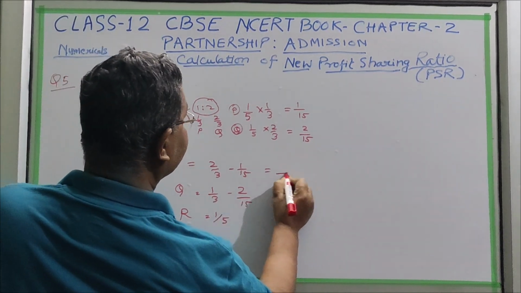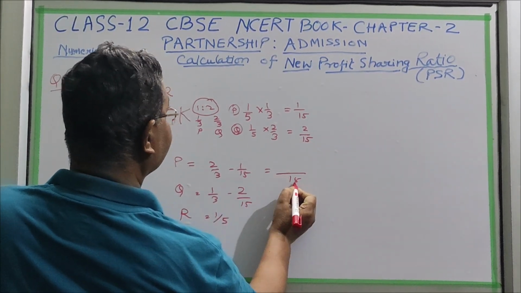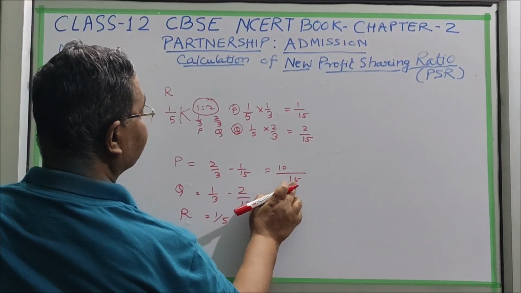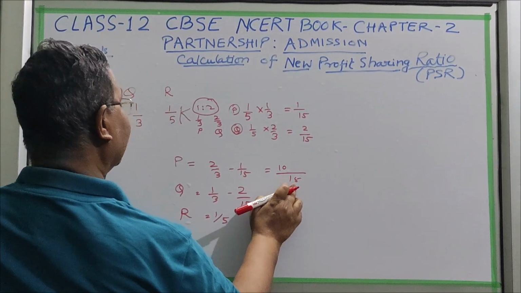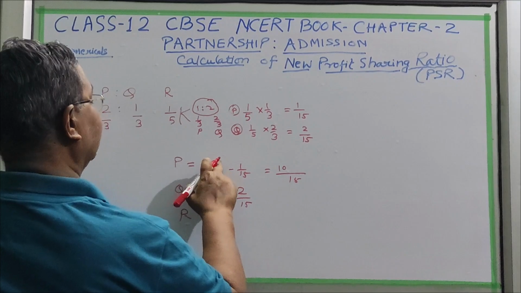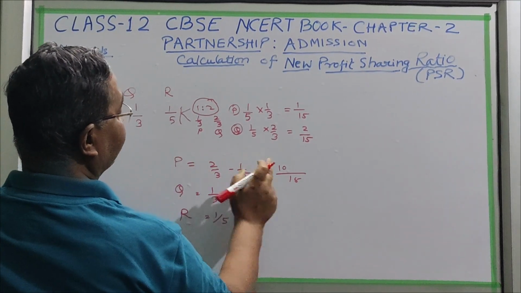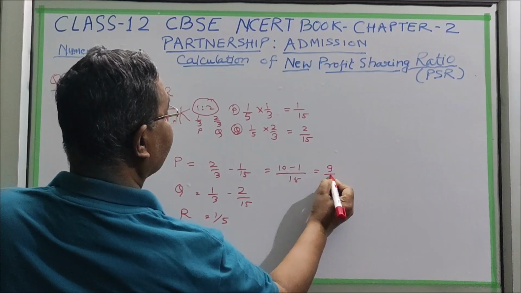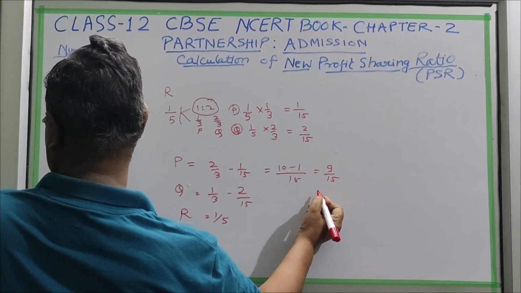So here LCM is 15. 3 5s are 15, 5 2s are 10. We divide it by 3 and whatever comes we multiply to the numerator. 2 5s are 10 minus 1 is equal to 9 by 15.